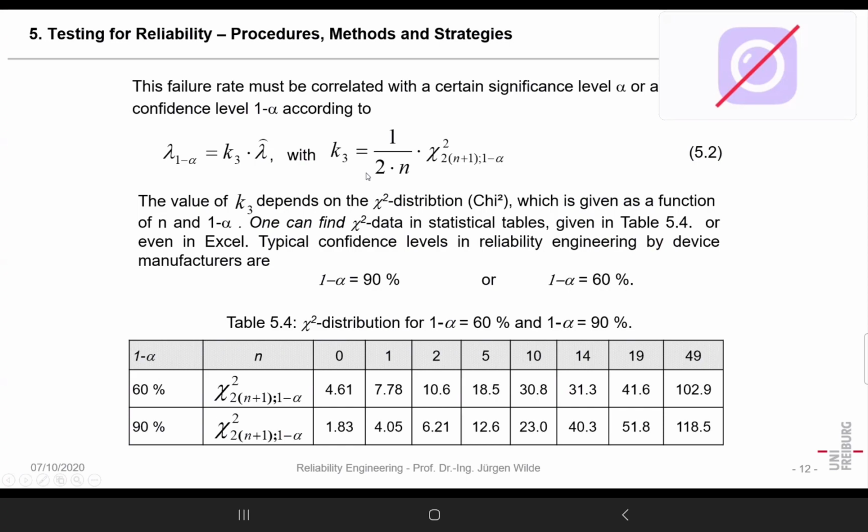That is based on the chi-square distribution, and there are several K factors. You can have K1 to K4, and every K is for a certain test strategy.